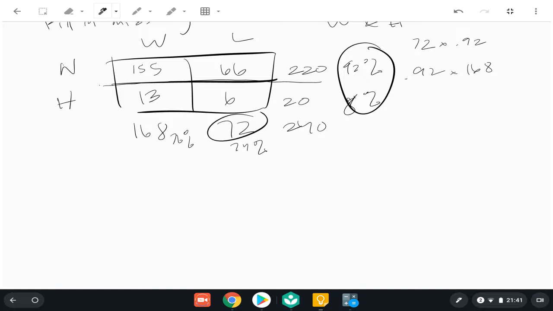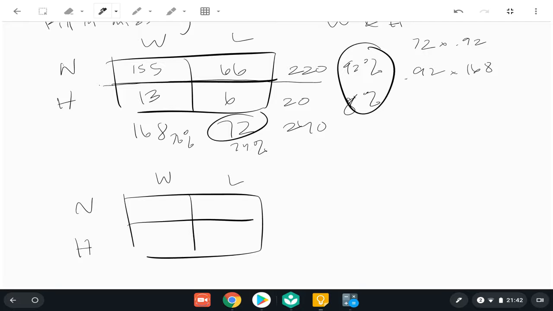Okay, so we have wins, losses, normal conditions, and harsh conditions. We have a square. We have 168, 72, 220, 20. This is 76%. This is 24%.